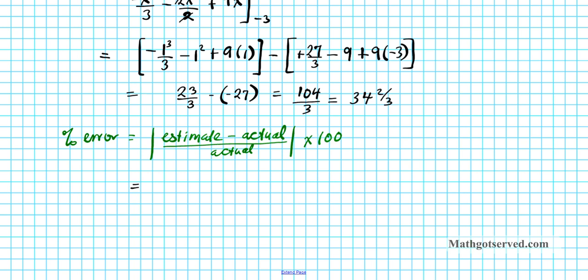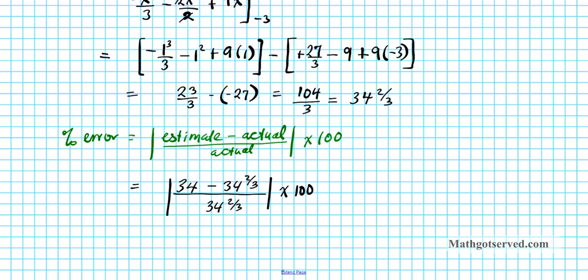The percentage error of the trapezoidal approximation is the estimate, which was 34, the answer we got initially, minus the actual area, which is what you got when you computed the definite integral, 34 and 2/3, divided by the actual, 34 and 2/3, and then we're going to multiply that by 100.